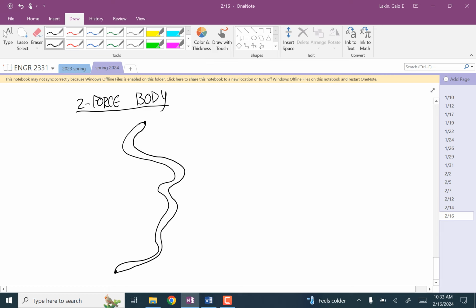The reason that for a two-force body we know the line those forces act along is Newton's second law: in order for this to be in equilibrium, they're equal and opposite. And the moment equation says for this to be in equilibrium, they have to be acting along a line. And so no matter what the shape of the body is, the directions of those forces are along that line.